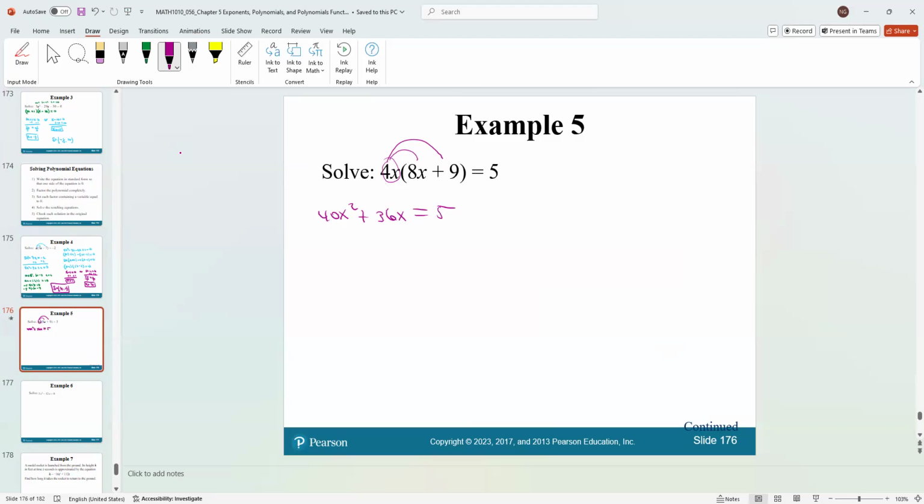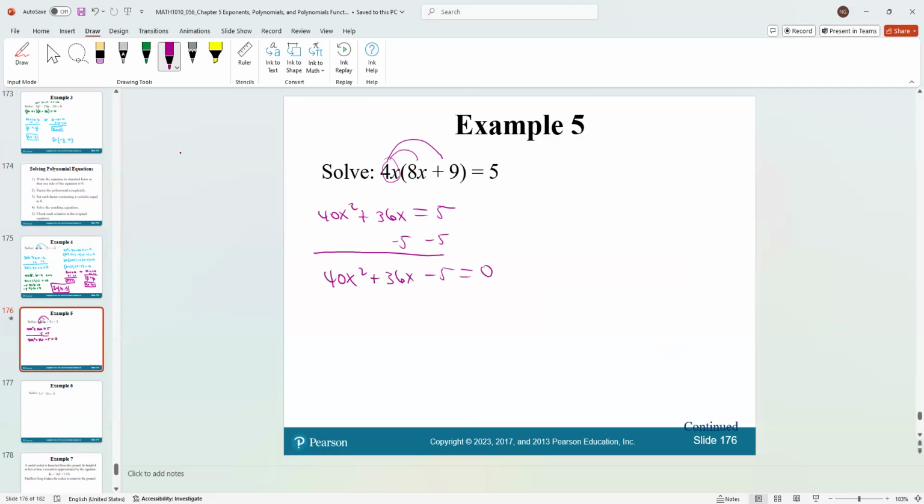Now bring all your terms to one side so you can set the whole trinomial equal to 0. We can subtract 5 from both sides. Now we end up with 40x squared plus 36x minus 5 equal to 0.